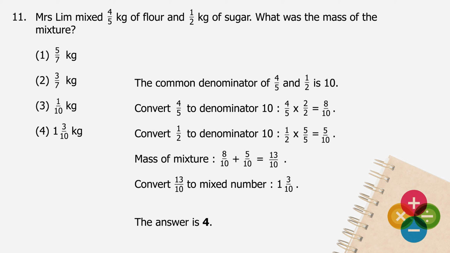Convert 4/5 to denominator 10: multiply 4/5 by 2, and the product is 8/10. Convert 1/2 to denominator 10: multiply 1/2 by 5, and the product is 5/10. The mass of the mixture will be 8/10 added to 5/10, and the sum is 13/10. Convert 13/10 to a mixed number, which is 1 and 3/10. The answer is 4.